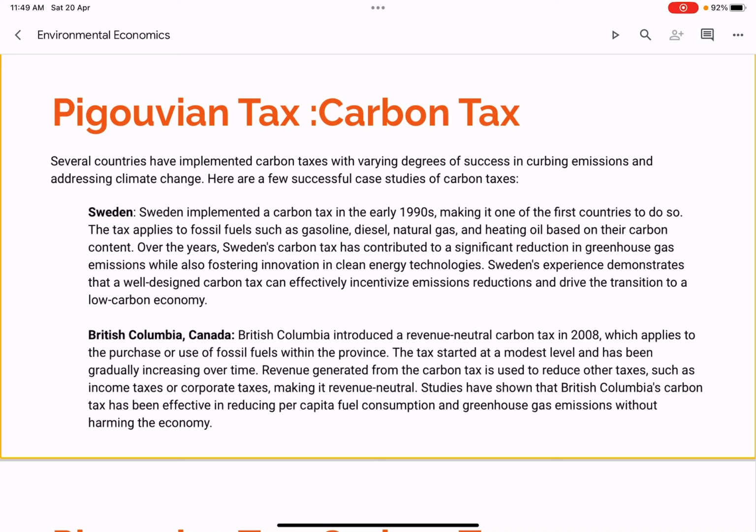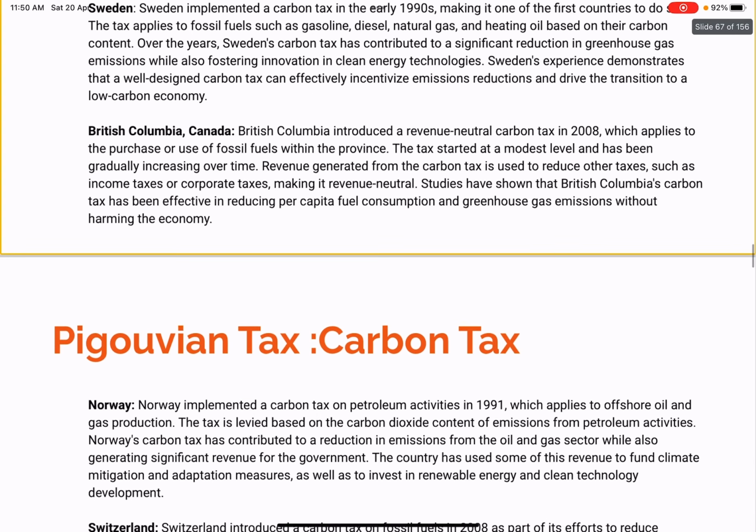He is taxed on the use of carbon fuel, but his net taxation has not increased. So that is the meaning of the taxation becoming revenue neutral. There are several studies on British Columbia which say that this Pigouvian tax has helped reduce fossil fuel consumption and greenhouse gas emissions, and the economy is not harmed because the effective taxation is revenue neutral.